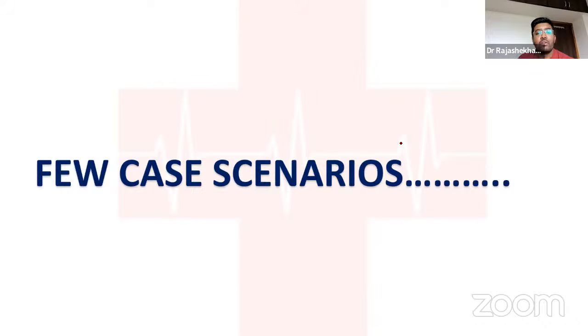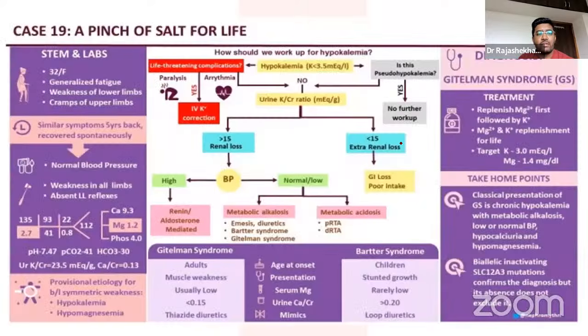Before concluding, a few case scenarios. Here there is a 32-year-old female who presented with generalized fatigue, weakness, and cramps in the upper limb. There was a history of similar symptoms 5 years back, from which she recovered spontaneously. On examination, she had normal blood pressure, weakness in all limbs, and absent lower limb reflexes.